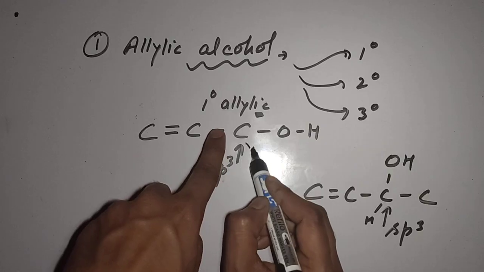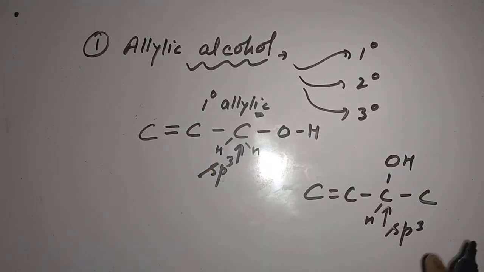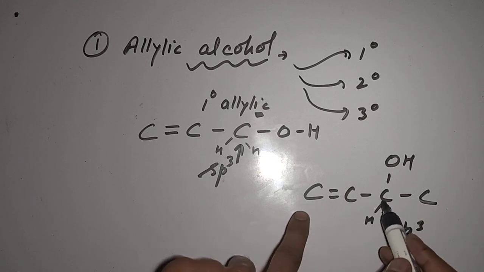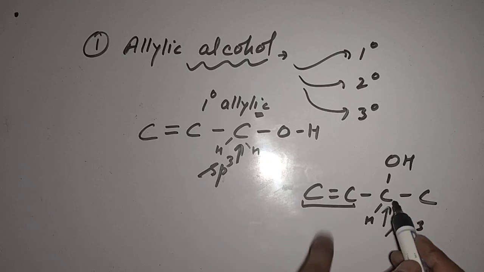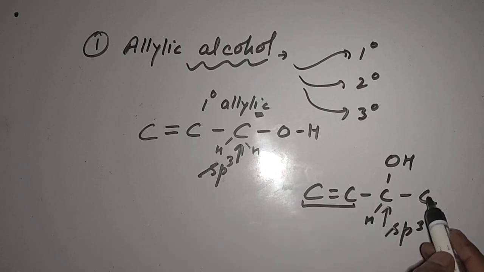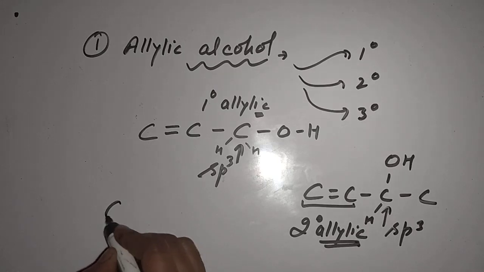Similarly here, 2 hydrogens will come, so hybridization is sp3. So this carbon has hybridization sp3. Now it is connected with a doubly bonded carbon on this side, so obviously it's allylic, with 1 carbon here and 1 carbon here directly. So it's a 2 degree allylic.